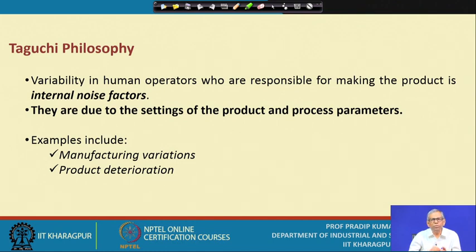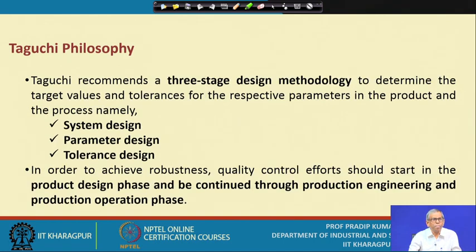So from individual to individual there will be variation, and this is referred to as one example of internal noise factors. Now under internal noise factors there are two specific examples. One is the manufacturing variations, which are unavoidable, and the second one is the product deterioration. Okay, like due to wear and tear, and there could be many factors which are dynamic in nature.